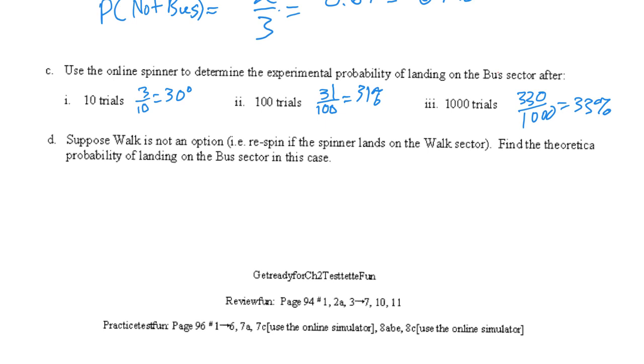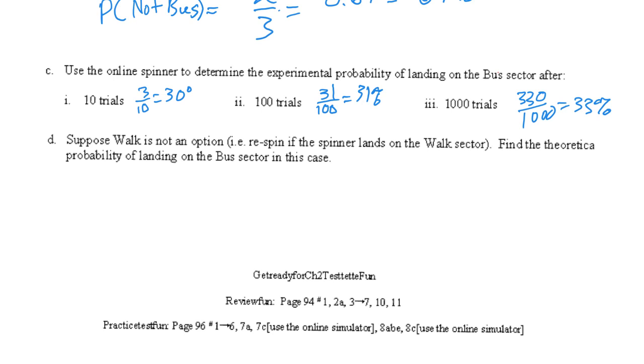What that tells us is that as we increase the number of trials, the experimental probability matches the theoretical probability better. Now let's answer this final question. Suppose walk is not an option.